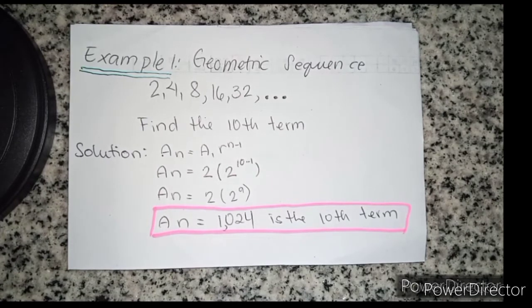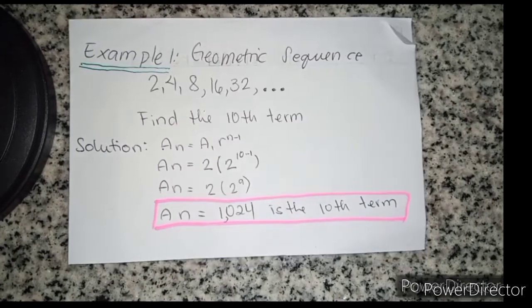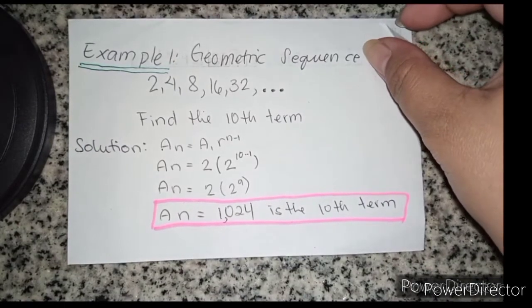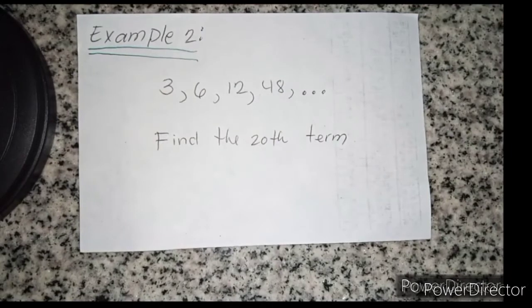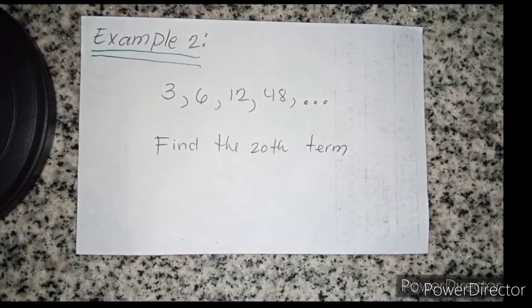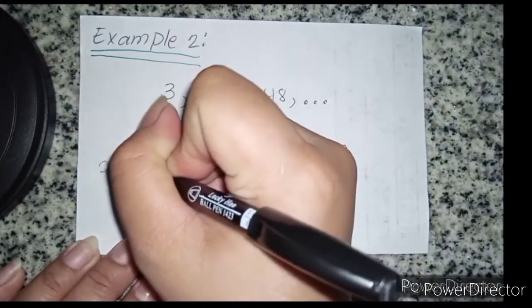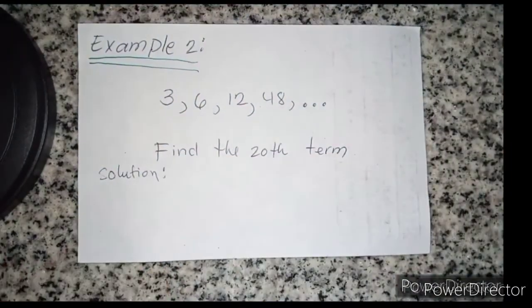Okay, so let's have another example. Let's have example number 2. So we have 3, 6, 12, and 48. Find the 20th term. Okay, so we're going to find the 20th term. First, let's have our solution. Now, let's use the formula.